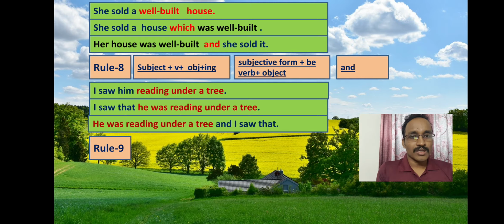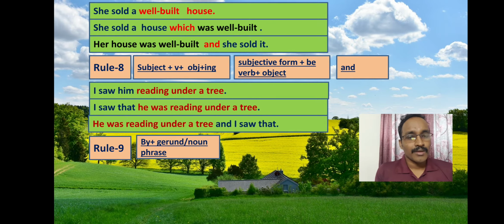Now let's discuss rule 9. In rule 9, here you see by plus gerund. Gerund is a noun. Gerund is verb 1 plus ing. When verb 1 plus ing acts as a noun it is called a gerund. So by plus noun or gerund, we can find a noun or noun phrase may be there.